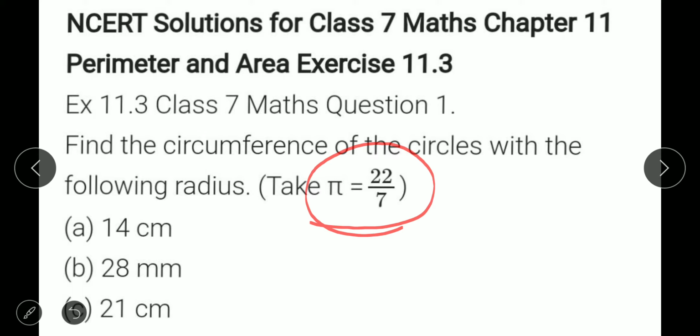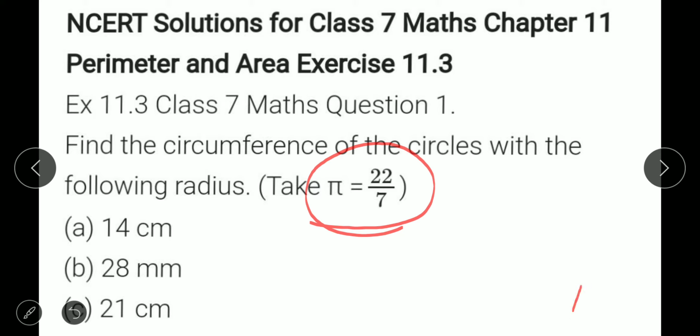It means we have to put the value of pi 22 upon 7 only. But if they have given 3.14, then we have to put the value 3.14 only. Otherwise our answer will vary from the answer sheet. Or if they have not given any value, 22 upon 7 or 3.14, then I prefer you to use 22 upon 7, so that our calculation part should be easy.